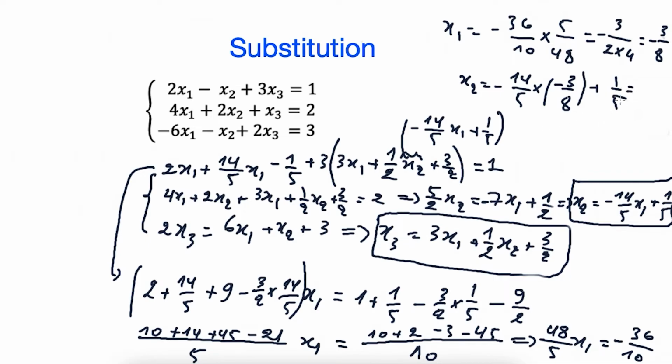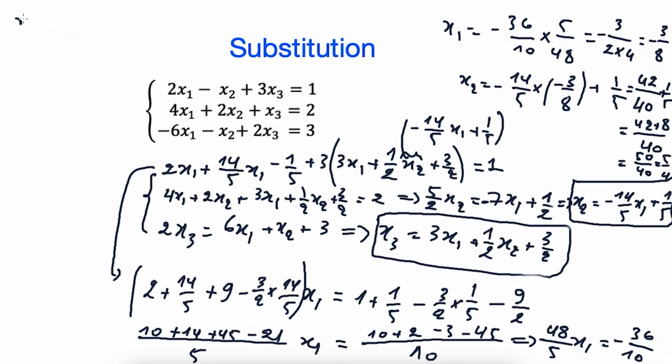This equals 42 over 40, plus 1 over 5, which is 42 plus 8 over 40, or 50 over 40, which is 5 over 4.